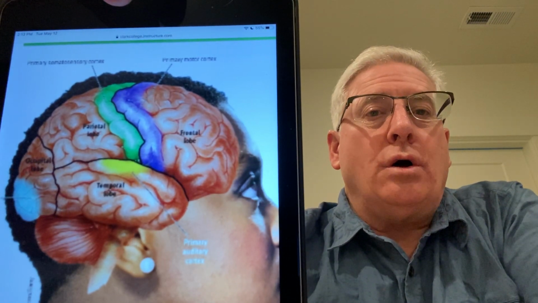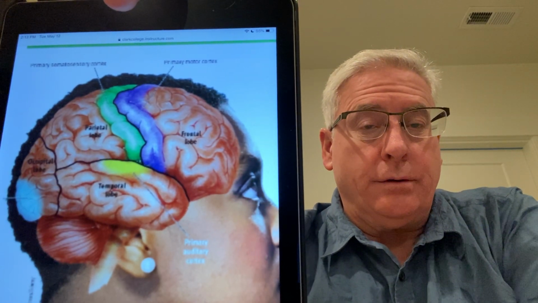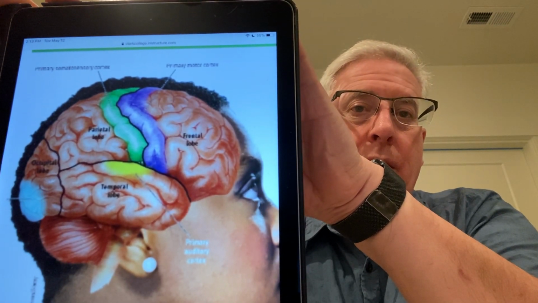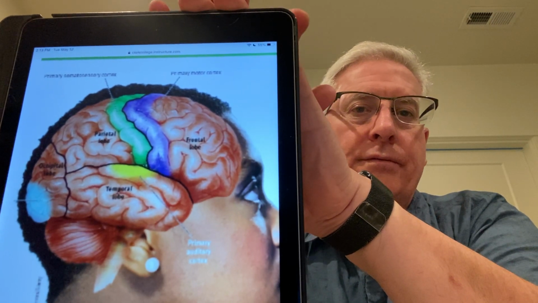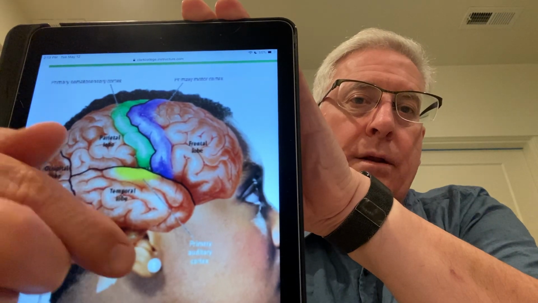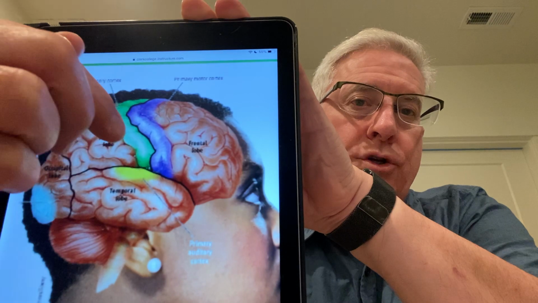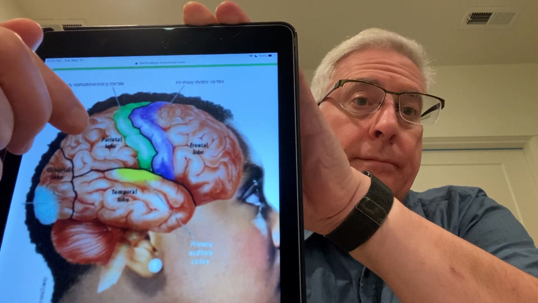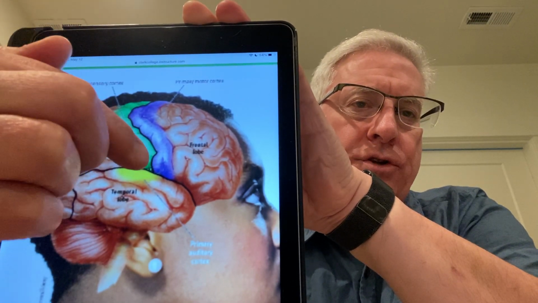It receives all of the information that comes to your body from your world, actually the sensation of touch, temperature, pressure, pain. All of those sensations come up the spinal cord and go to the parietal lobe. And the parietal lobe then shows you where certain parts of your body are functioning along that strip.